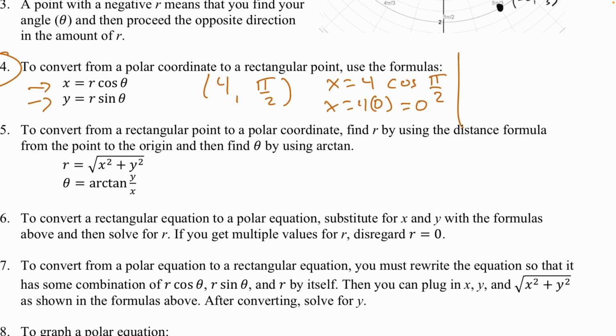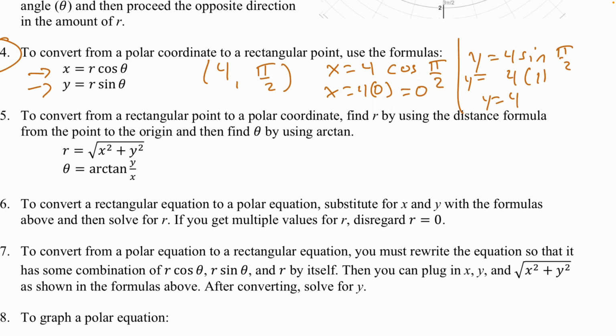And then y is going to be 4 times sine of pi halves. And of course that is 1. So 4 times 1 gives us a y value of 4. So the xy, or regular rectangular point, would be 0 comma 4.